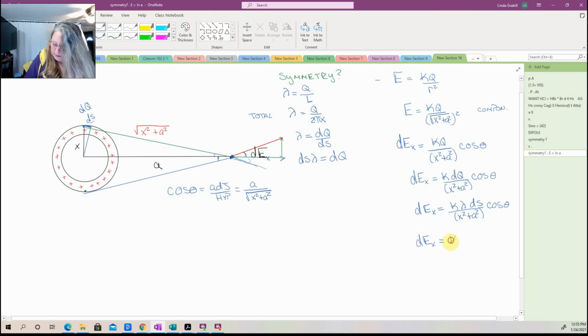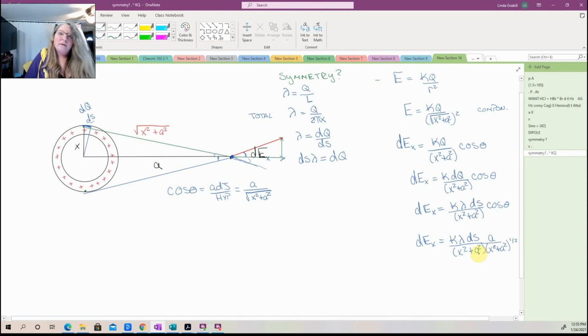dEx equals k lambda ds over x squared plus a squared. Remember, that just comes from our r squared. Now times a divided by, let's write this as a fraction for the exponent, x squared plus a squared to the 1/2.